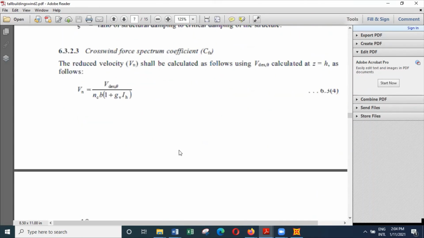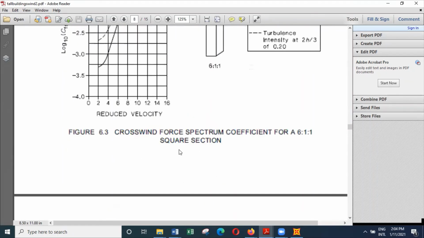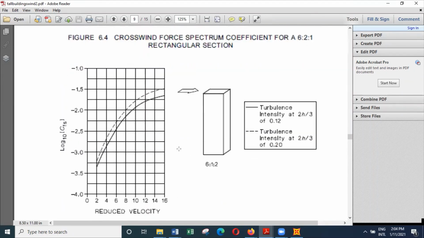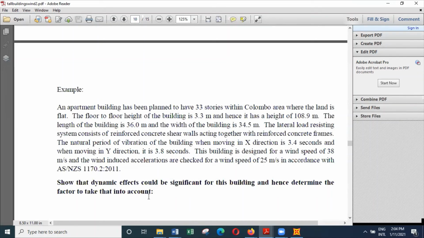We'll first have a brief look at the example, and then take a short break, and then discuss the example. The example is for a 33-story building having a floor-to-floor height of 3.3 meters, where the length of the building is 36 meters and the width of the building is 34.5 meters.